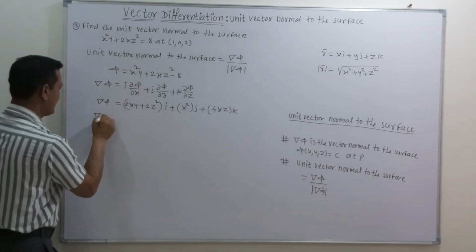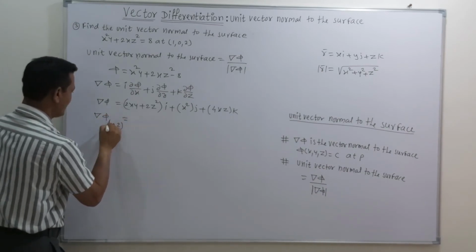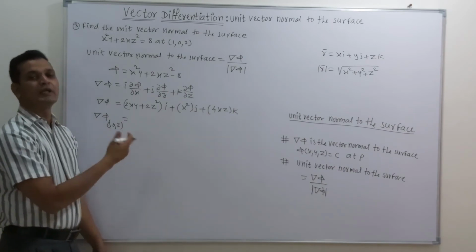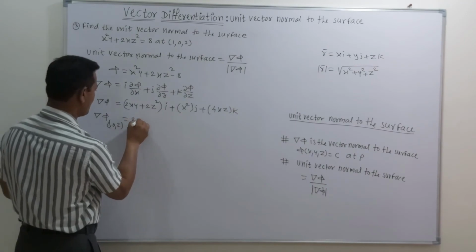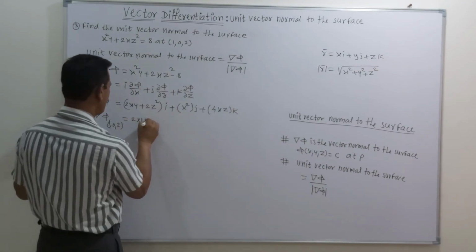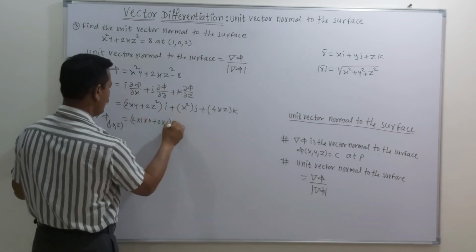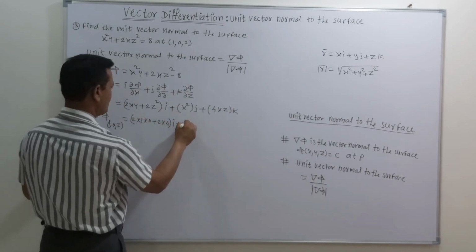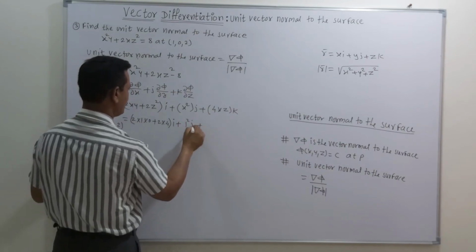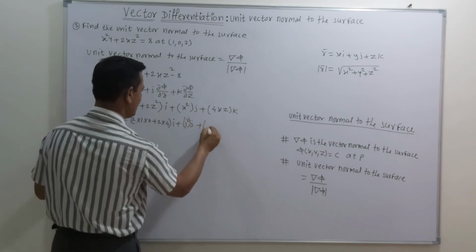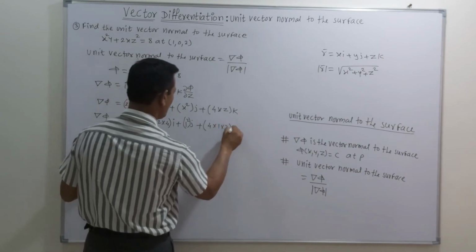Now find out the value of gradient of phi at the point (1, 0, 2). That means put x equal to 1, y equal to 0 and z equal to 2. So we get 2 into 1 into 0 plus 2 into 2 square, which is 4, into i, plus x square, that means 1 square is 1, into j, plus 4 into 1 into z, which is 2, into k.